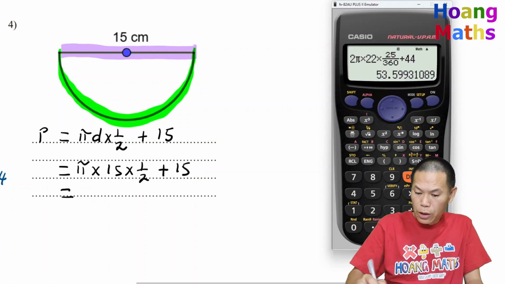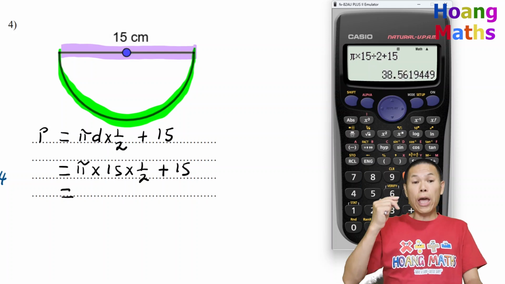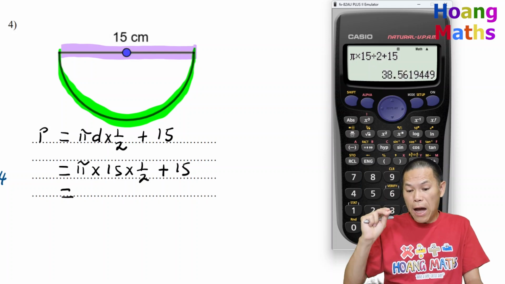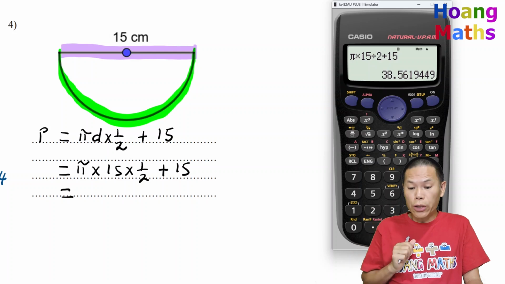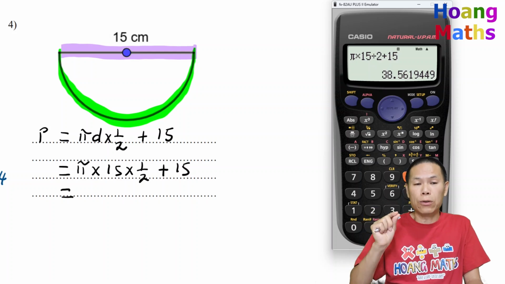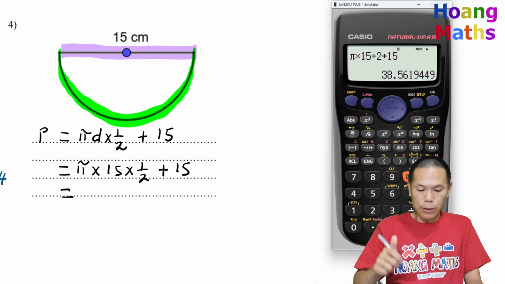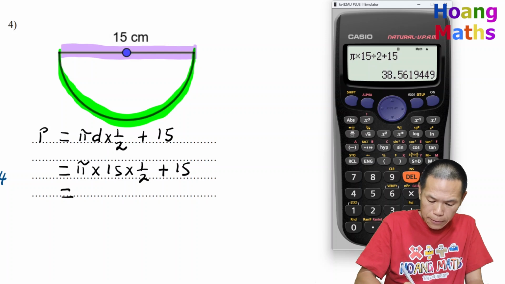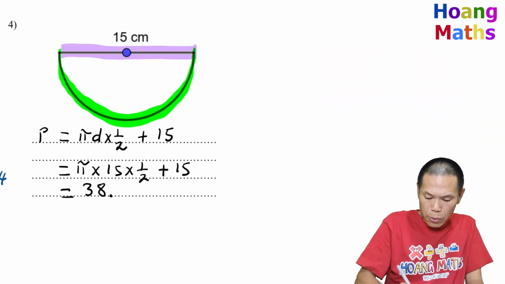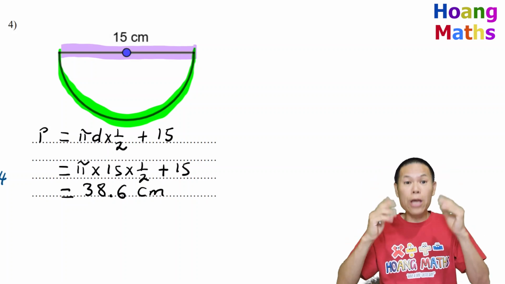I just go shift pi times 15 divided by 2, add 15. So there you go, 38.5619 and so on. Correct to one decimal place, after 5 is 6, so we add 1 to 5. So that is 38.6 centimeters. So there you go.